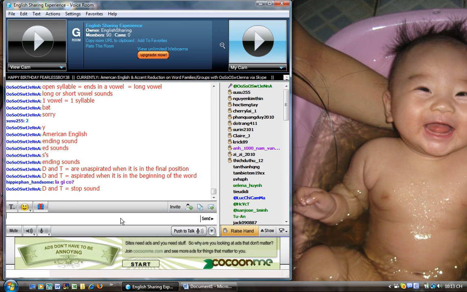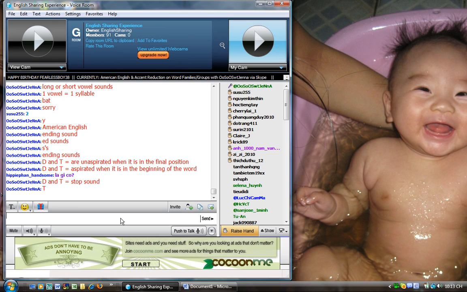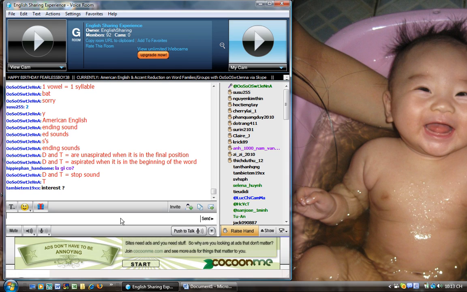All right? Aspirated means you have to push the air out, right? For example, t, t, t. Notice I'm stopping the airflow, I'm stopping the sound, and then I'm releasing it. We call that aspirated. You're spitting out the puff of air, and you have to stop to be able to do that, right?